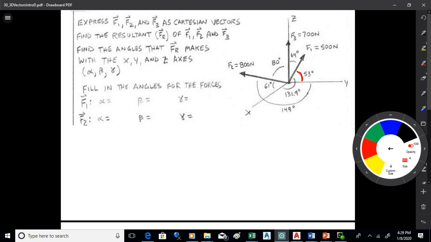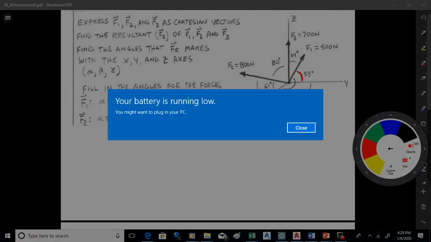So that's step one. What we want to do is add these vectors up and get a resultant. And the way we're going to do that is break them into components, just like what we did with 2D vectors. Principal angles given, the angles between the vector and their component. Yeah, the vector and the axes.